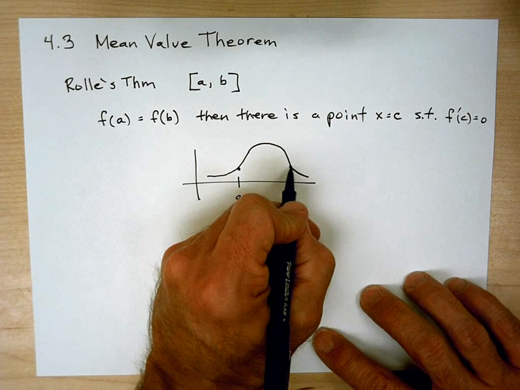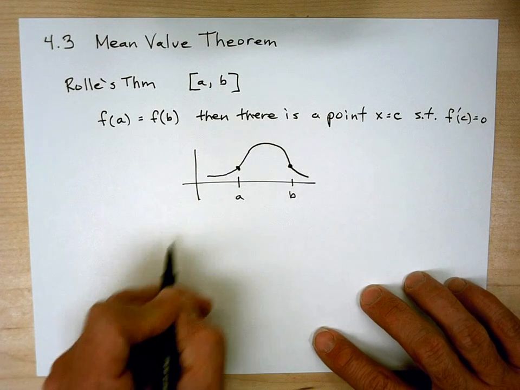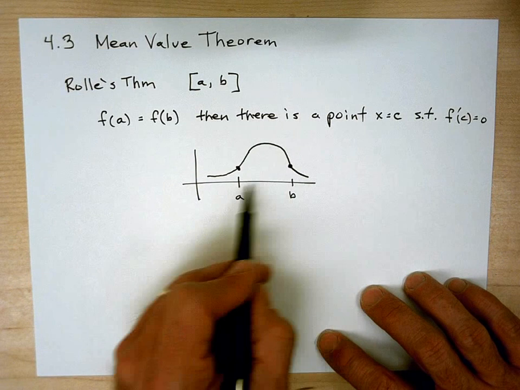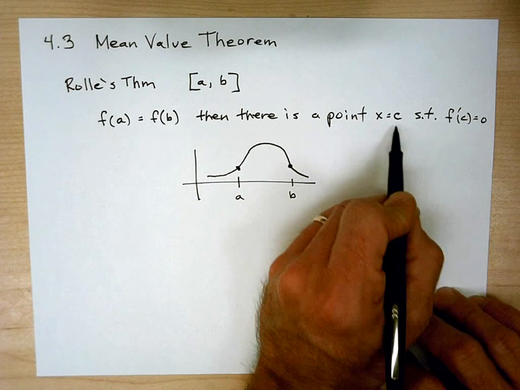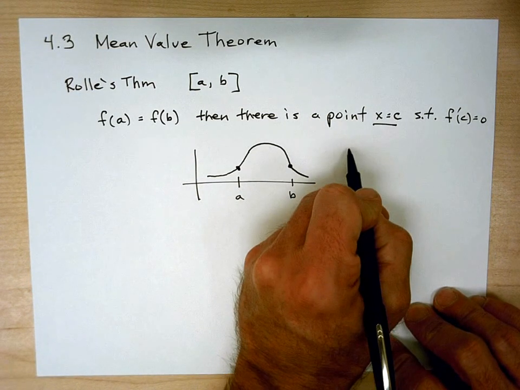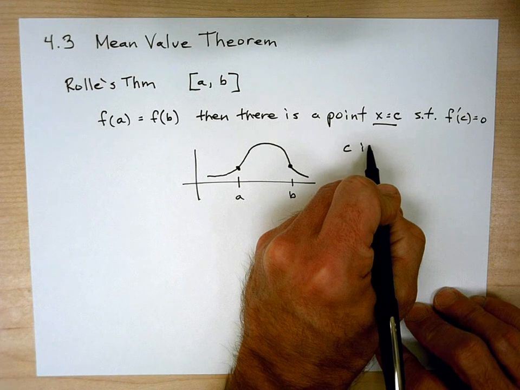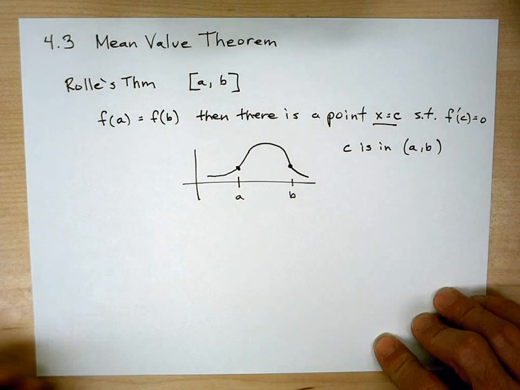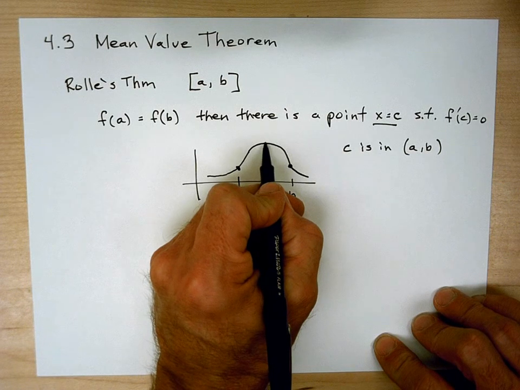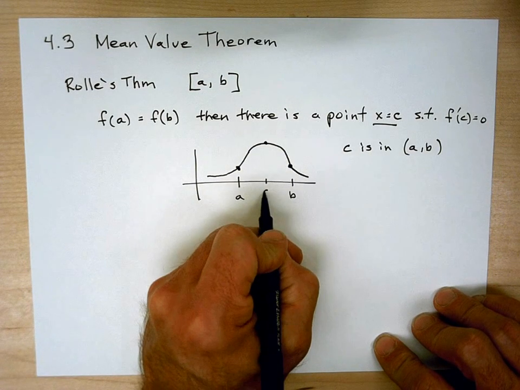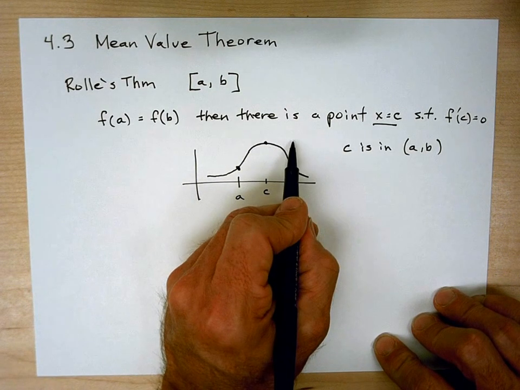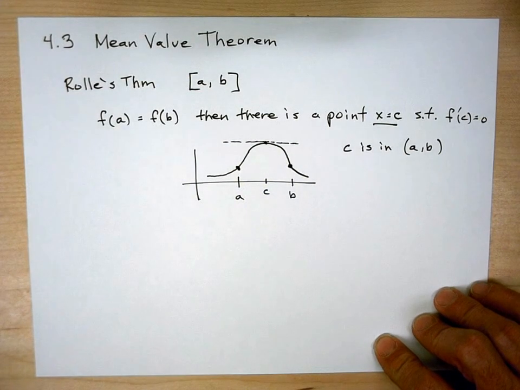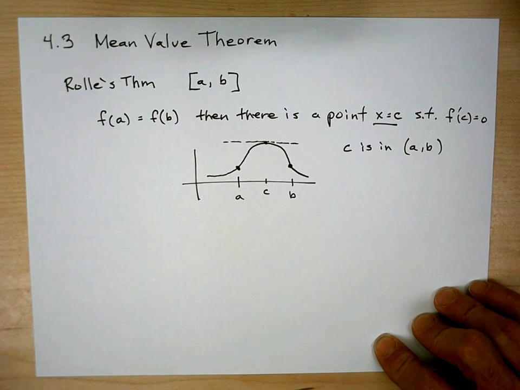So f of A equals f of B, this thing is differentiable, that means it's a smooth curve. There has to be some point, so that's the other thing about this point, x equals c. C is in the open interval from A to B. We can call that C right there. At that point, the derivative is 0. The slope of the tangent line is 0.